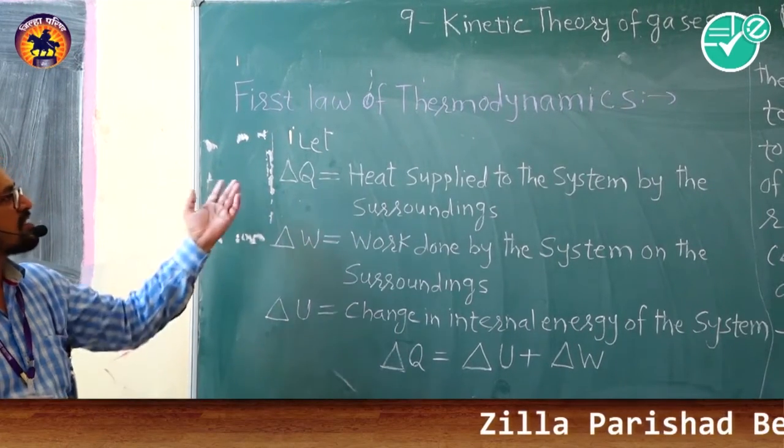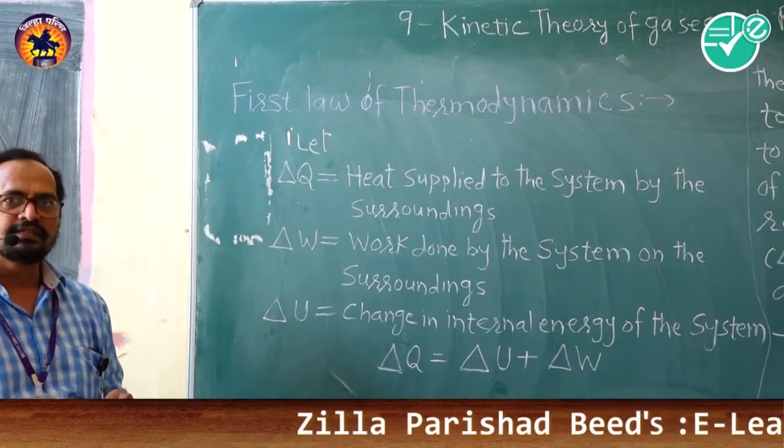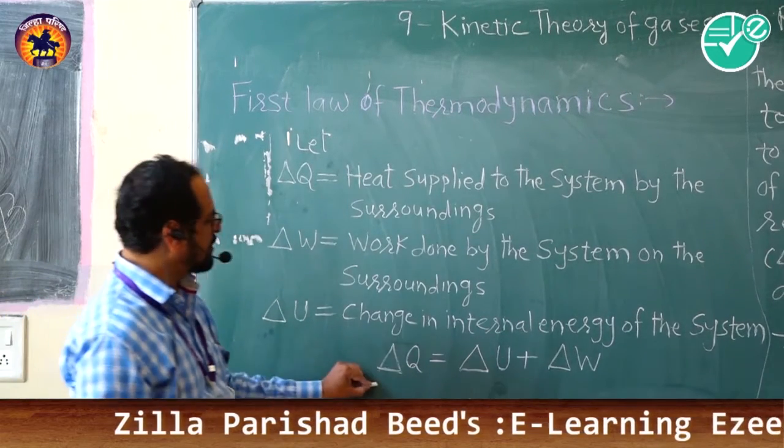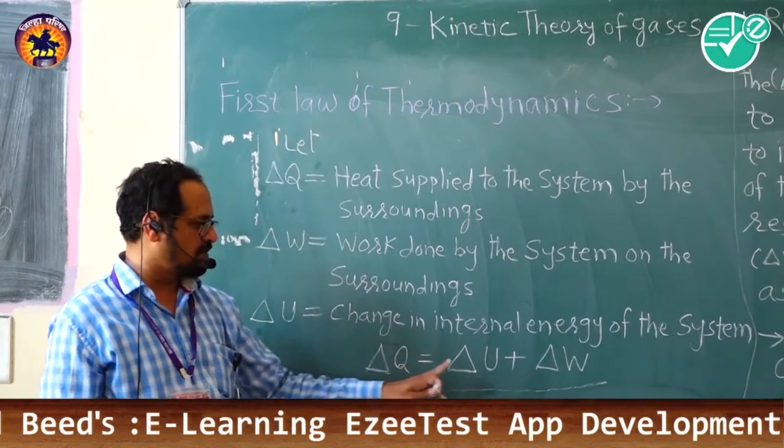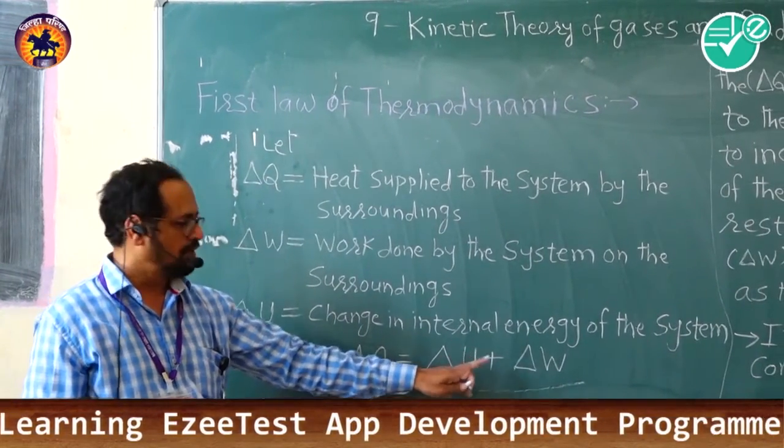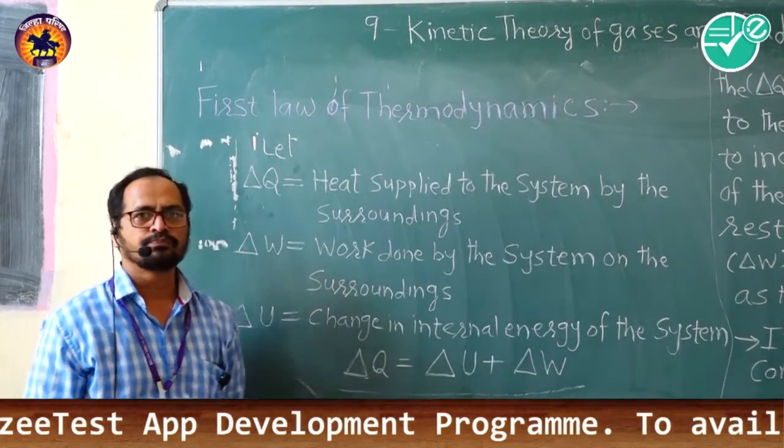So what is the first law of thermodynamics? That is shown in this equation: delta Q is equal to delta U plus delta W.